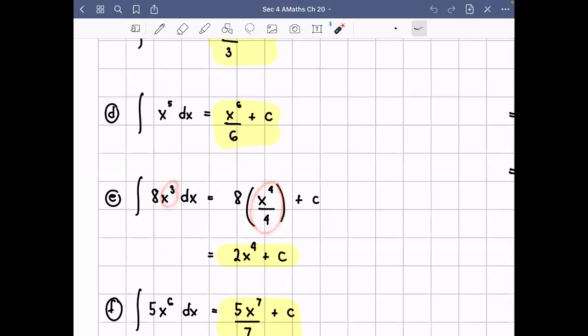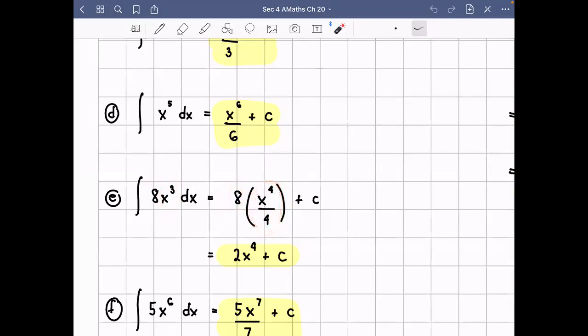Again, this is 3 plus 1, so these two are the same. And then you have your 8 here. So basically, you multiply 8 with the antiderivative of x cubed, which is this.